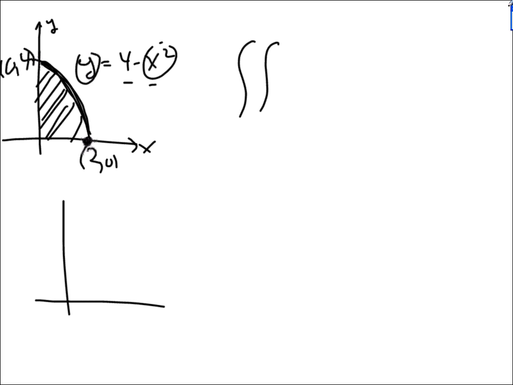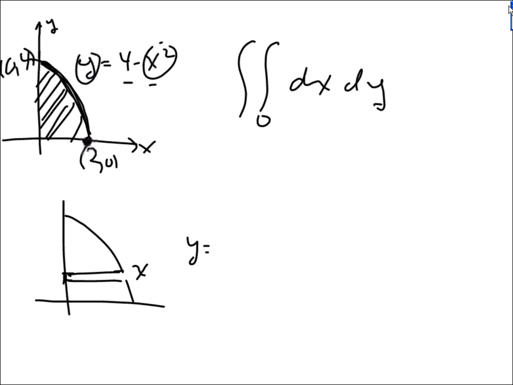So we want to set up some kind of limit. Suppose we want to do dx dy. Well, why don't we do this? x goes from 0 to x.